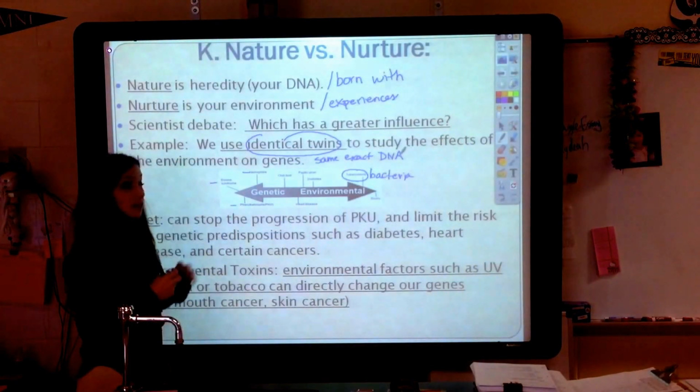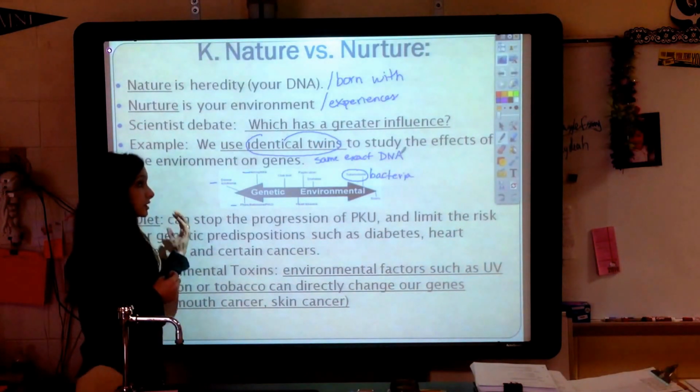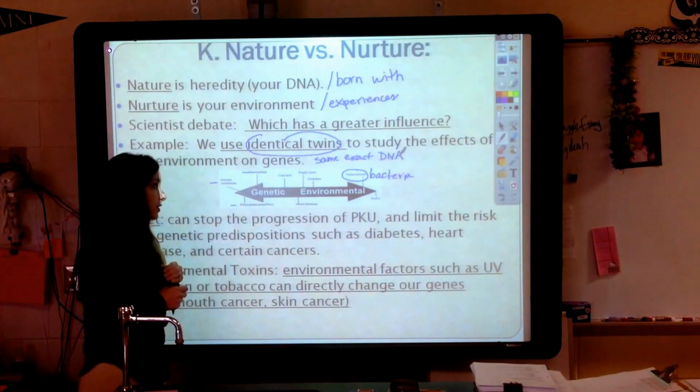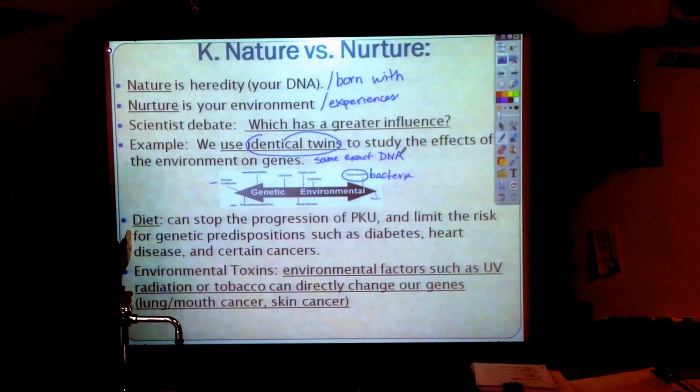And so especially if they were separated at birth and adopted separately, then we can really study the effect of the environment on them. So remember, things like diet in your environment can have a big effect, even on your genes. They can stop the progression of PKU, limit the risk of other genetic predispositions such as diabetes, heart disease, and certain cancers.